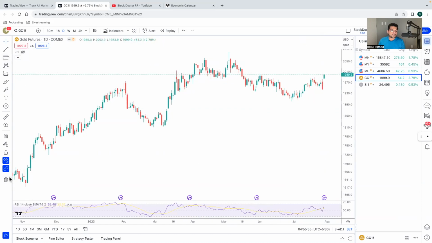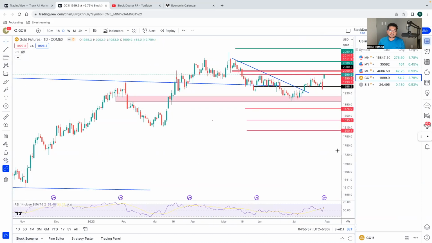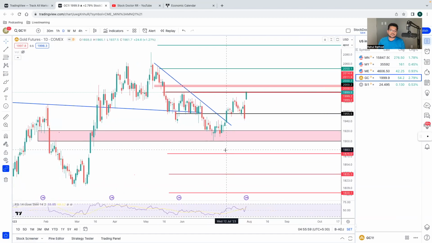Friday. And if we unhide the drawing, we clearly know that it has an important support area at 1900 to 1920. Okay, and resistance at this 2000 junction. If it crosses that, then 2050, 2100 is the first target.